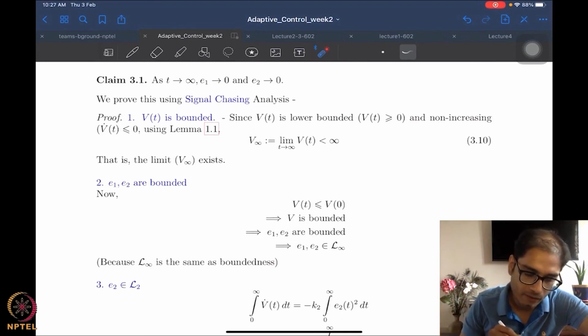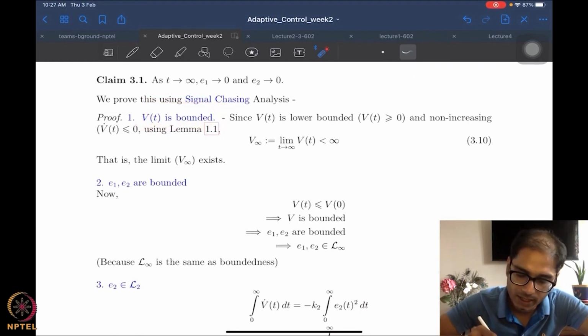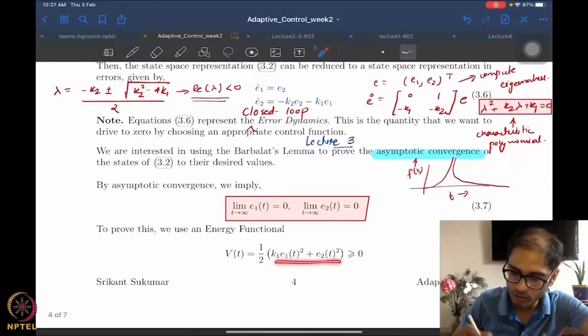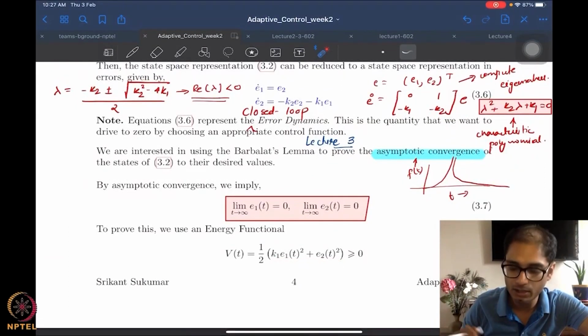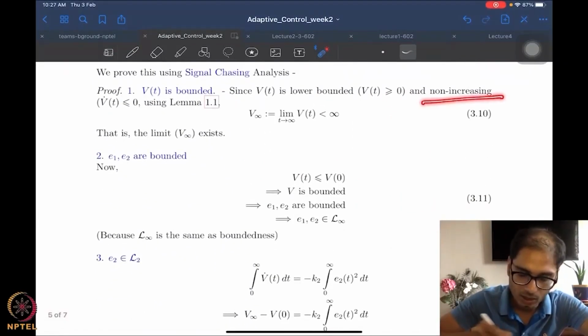So let's see. The first step is to note that V is bounded. What does it mean? It means that V is lower bounded. We already said that because it's composed of squares, it's a non-negative quantity, so it's lower bounded by 0. That's obvious. And further, it is not increasing. Why?